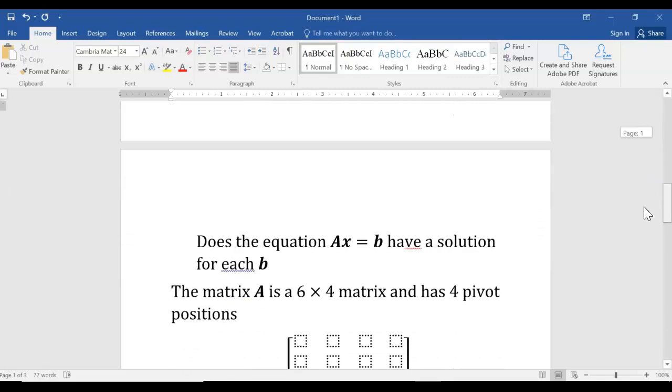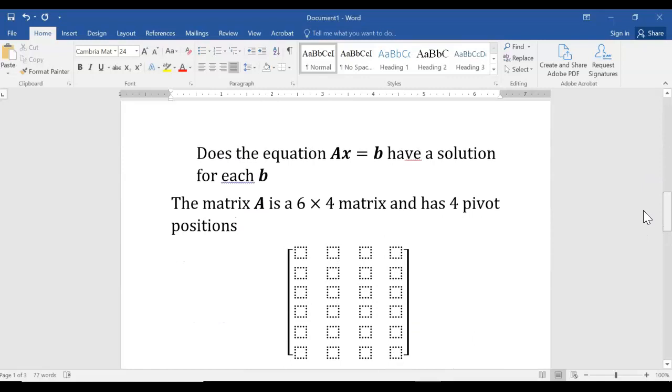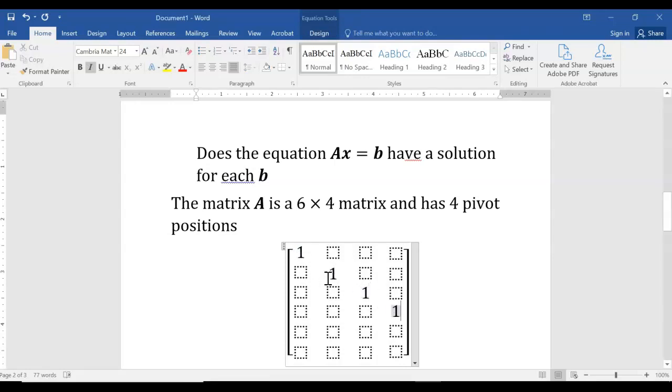Now the next question says we have a 6 by 4 matrix that has 4 pivot positions. Those pivot positions are going to end up like that. And because we're going to have zeros above and below those pivot positions, that's going to give us 2 rows of zeros. Now remember, this is just the A part, right? The A is 6 by 4. Remember, when we augment, we're going to have another column of numbers over here on the right.